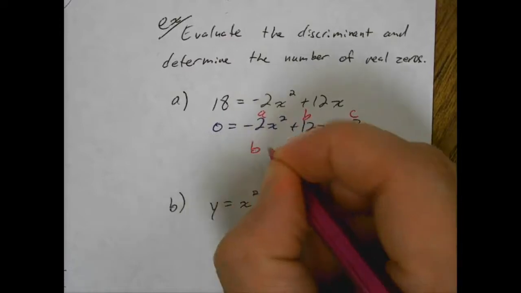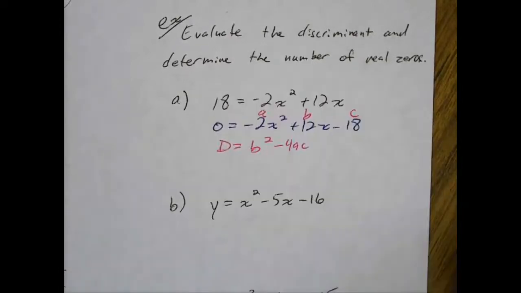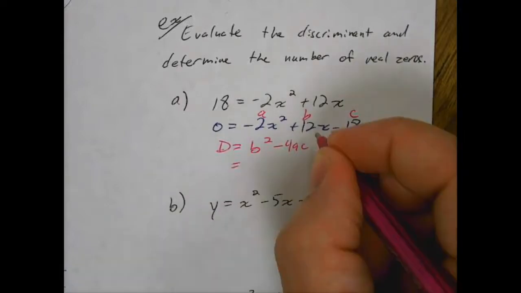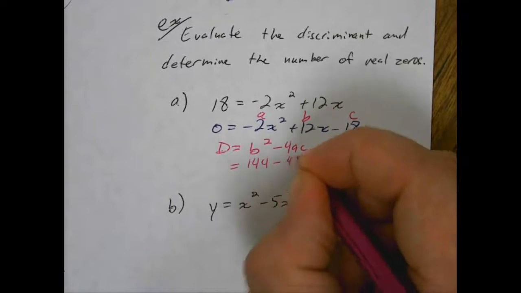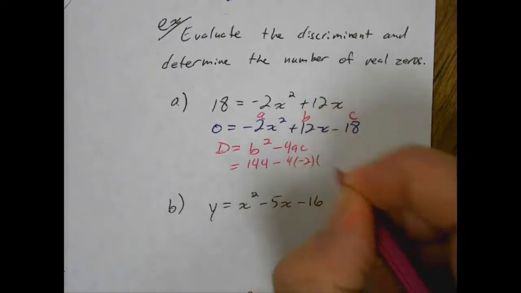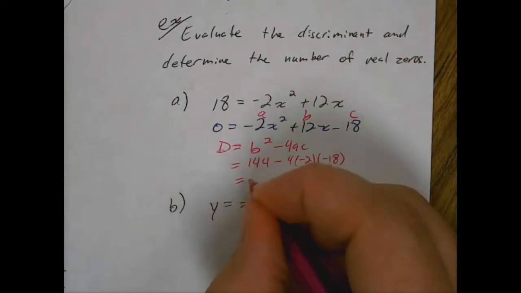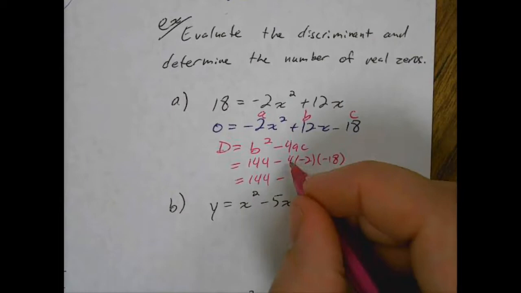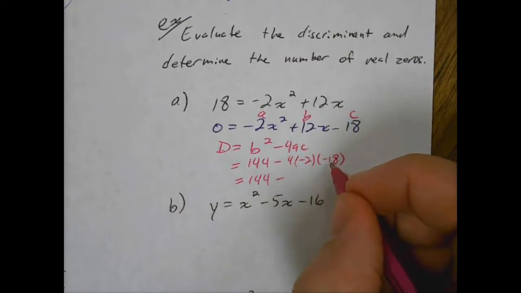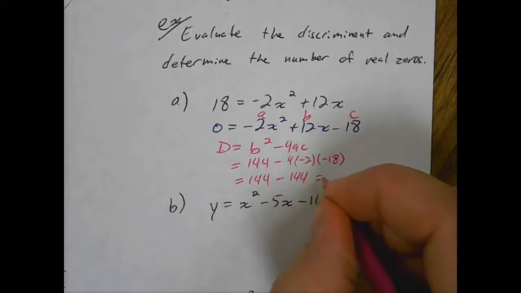So all I care about is that this is 144 minus 4 times negative 2 times negative 18. So we have 8 times 18 is 80 plus 64, 144. So it looks like this comes out as 0.